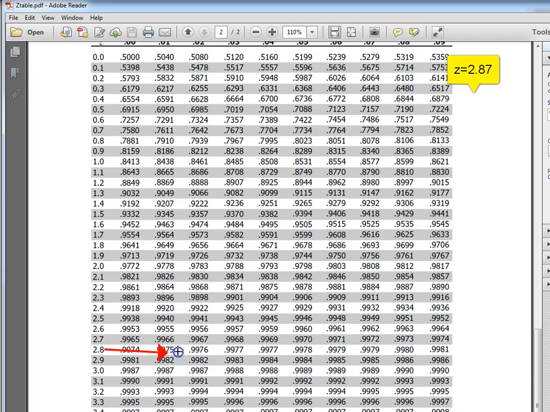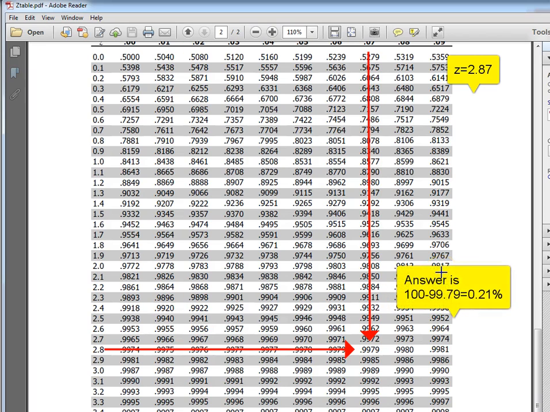That's our row that we're going to look at, and then we're going to go over to the 0.07 column because that's our second decimal place. And that's going to give us a percent of 99.79%.